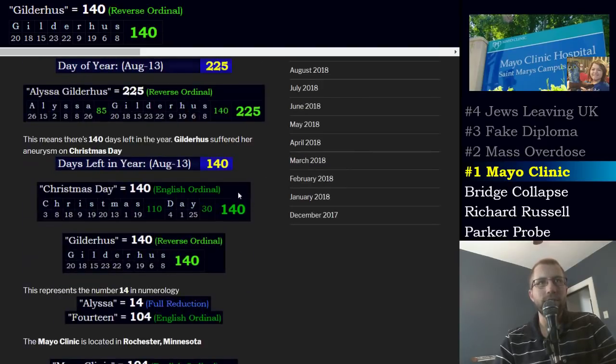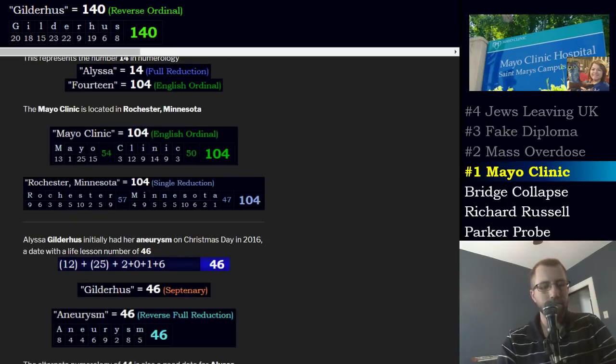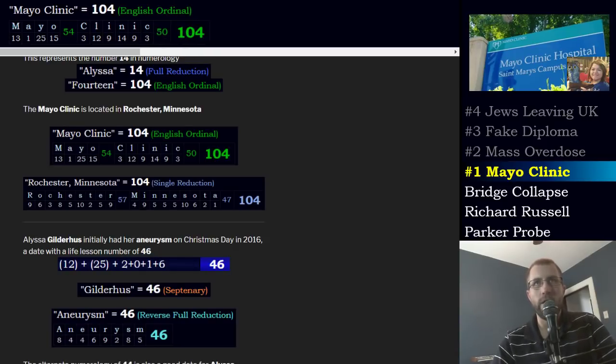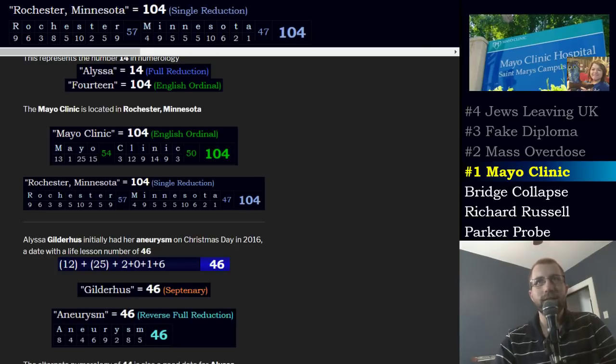So again, in numerology, these zeros get dropped, right? So this essentially reflects the number 14. The name Alyssa equals 14. The word 14 even equals 104. And this brings us back around to Mayo Clinic, which sums to 104, alphabetic order. In reduction, the city and state that Mayo Clinic is located in, Rochester, Minnesota, summing to 104, single reduction.